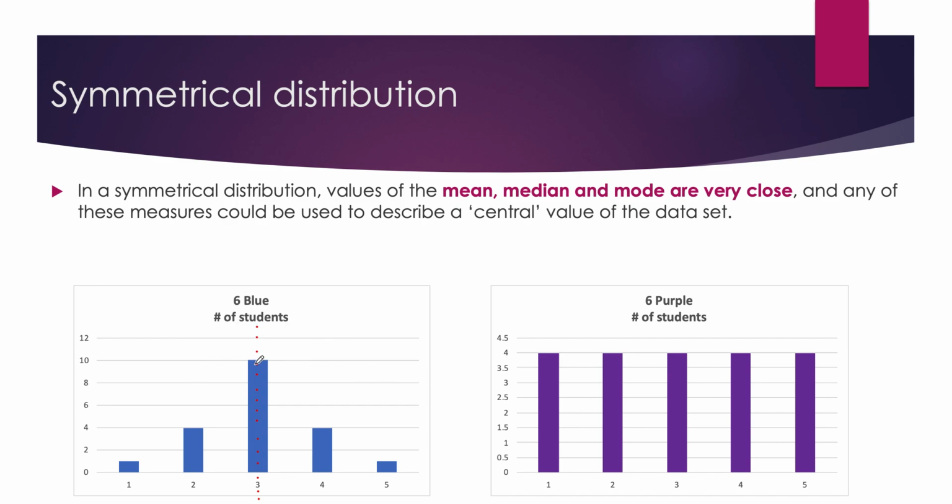If I fold it along this line that I just dotted here, I will have the same data on both sides. That means that there is a symmetrical distribution. And both of these data sets, even though they're very different, are symmetrical, okay? Fantastic. And when that happens, the mean, the median, and the mode are very close, and these measures could be used to describe the central value.